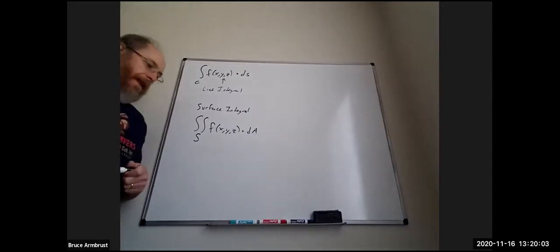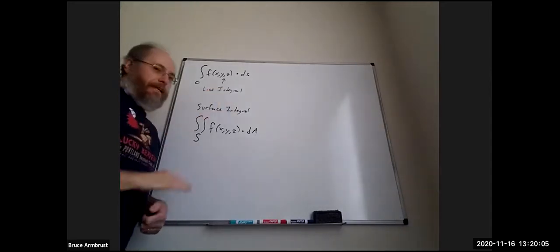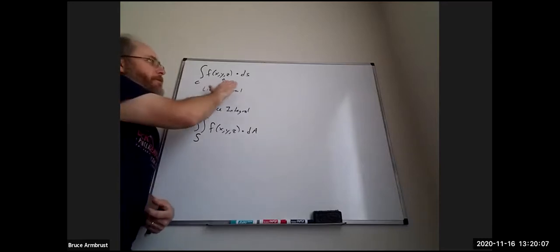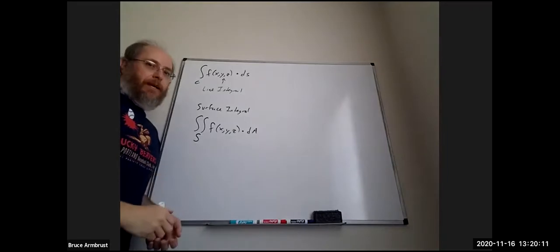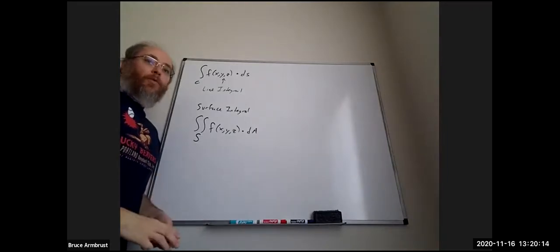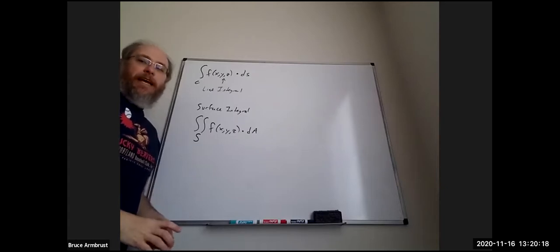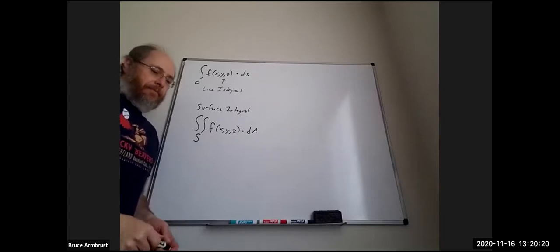Okay, now go back to the line integral. This form, like the definition form, was pretty useless, right? I mean, honestly. So what did we do every time we had a line integral to actually integrate? We parameterized it. Yeah, we had to parameterize that curve.